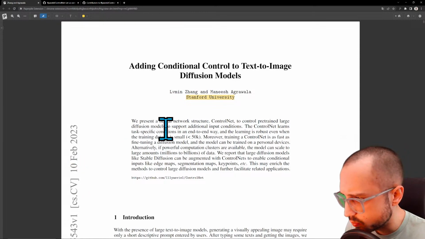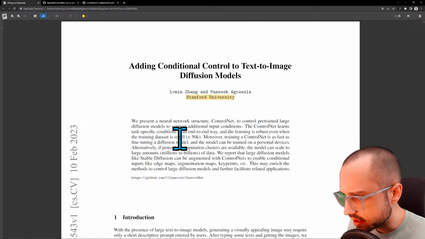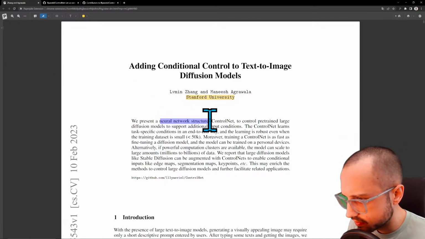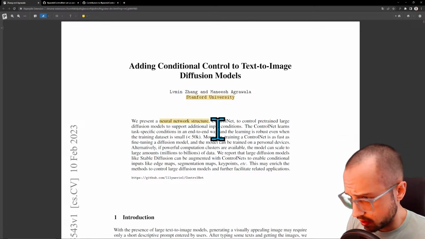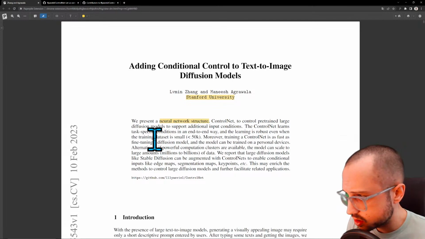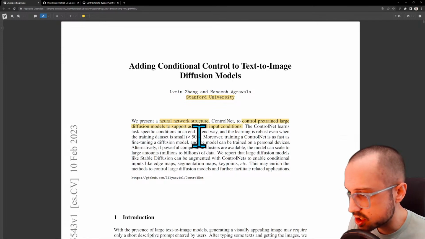Let's get into it. We present a neural network structure, ControlNet. Okay, this is interesting. They're calling it a structure, right? They're not calling it a pipeline. They're not calling it a model architecture. They're calling it a structure. To control pre-trained large diffusion models to support additional input conditions. So this is basically a good little summary. The ControlNet learns task-specific conditions in an end-to-end way, and the learning is robust even when the training dataset is small.